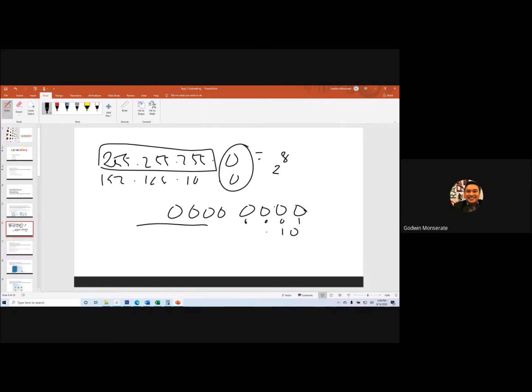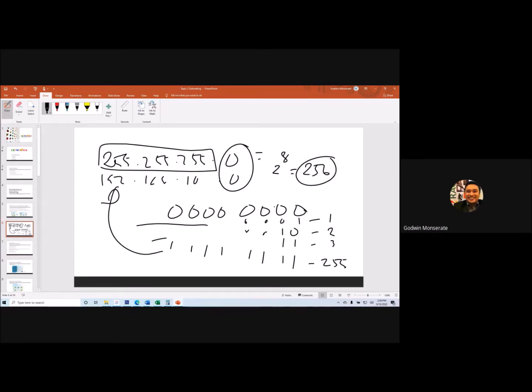If it is all ones, that is already 255, and there is no way for you to increment it anymore. So 2 raised to the power of 8 gives you only 256 IP addresses.